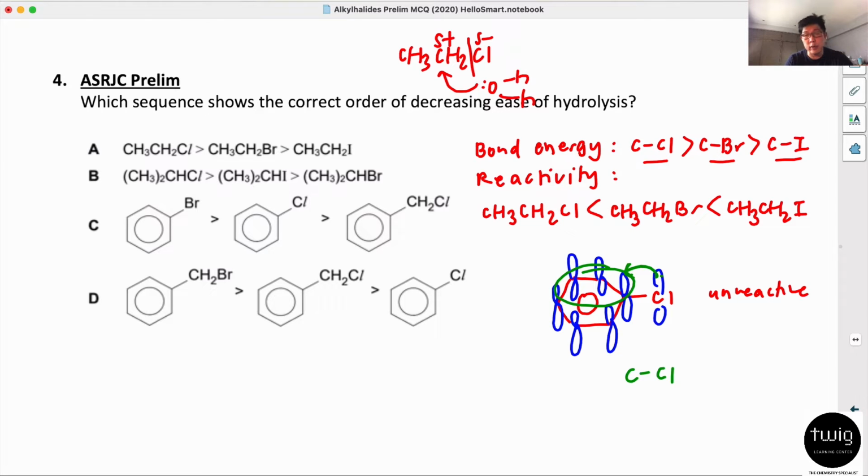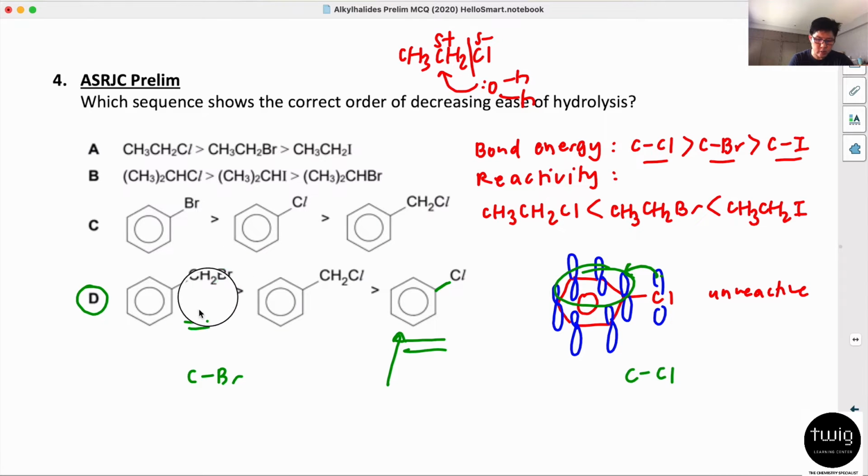So let's look at the options. The answer for this question is probably D. Why? You can see that this is the least reactive because of the partial double bond character. And this is the most reactive because the C-Br bond belongs to a halogenoalkane. Only this one is the halogenoarene, because the Cl is directly attached to the benzene ring, but this Br is not directly attached to the benzene ring.